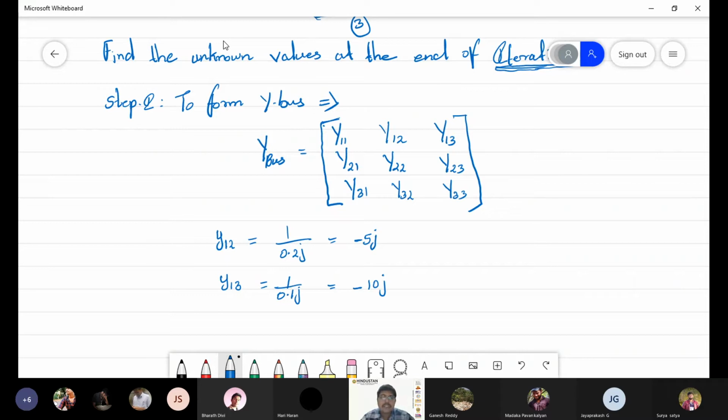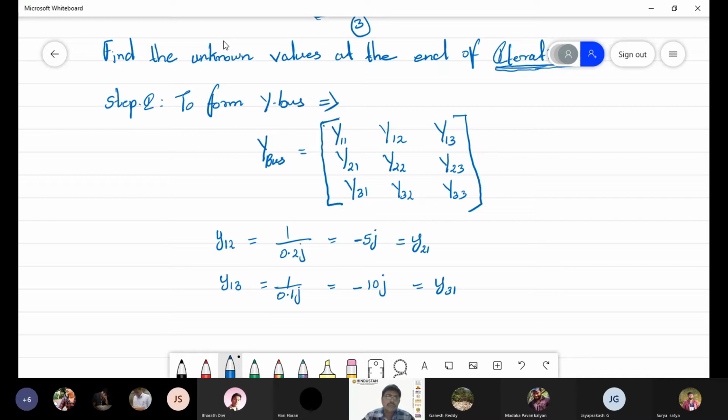Likewise we can find the others. One more thing, we know that y12 is equal to y21, because yij is equal to yji, and likewise y13 is equal to y31.